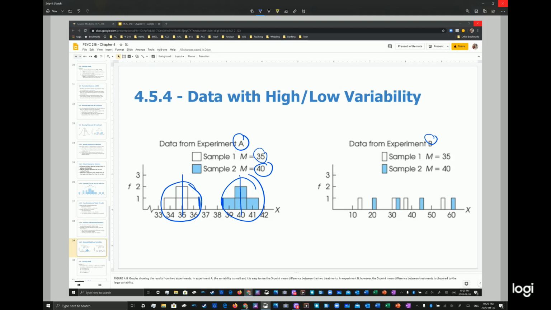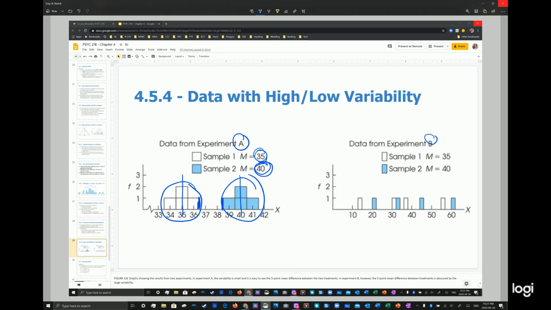Because there's no overlap, and that's due to the variability being low enough that there is no overlap, yeah, we can say that these samples are different, not just by measuring the means as a central tendency, but we also factor in here the variability, the spread. There's no overlap because the spread is low, the variability is low.